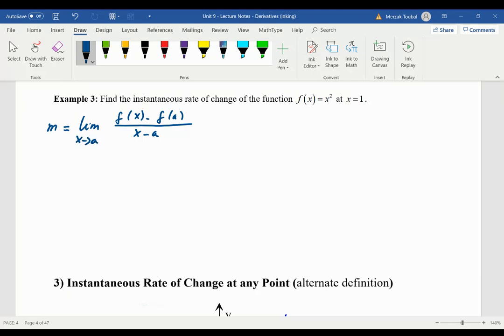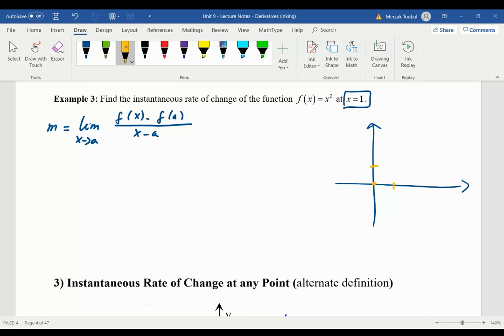So what is a in this case? A is 1. It is the x coordinate of that point. So a is 1. So we write limit, or let's make a figure for this situation.